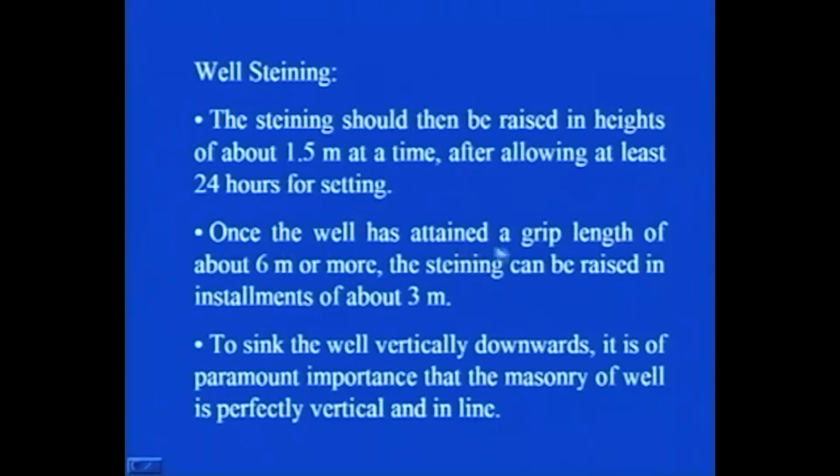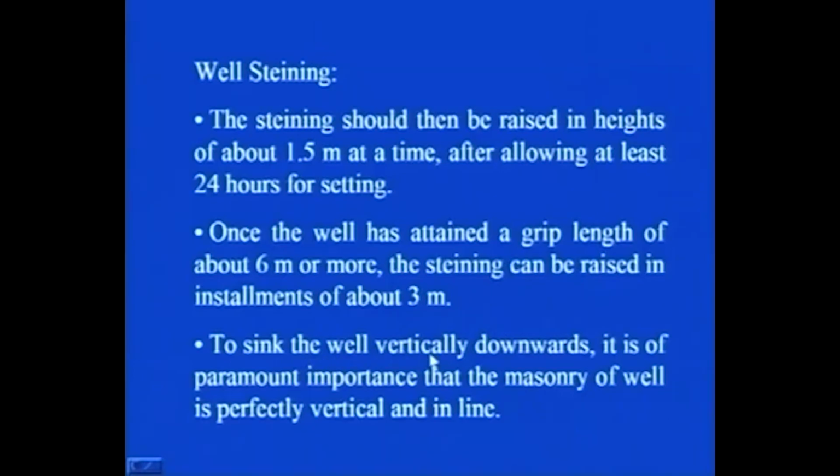Once the well has attained a grip length of about 6 meter or more, the steining can be raised in installments of about 3 meters, which was earlier 1.5 meter. When the grip length is more, that is 6 meter or more, then this installment can be higher, of the order of say 3 meter.